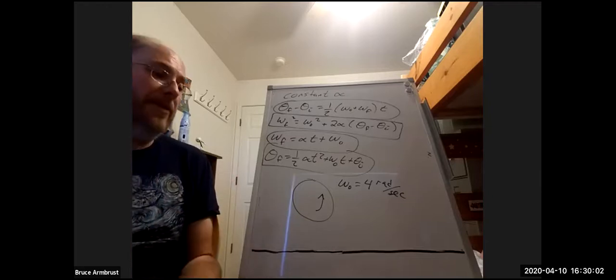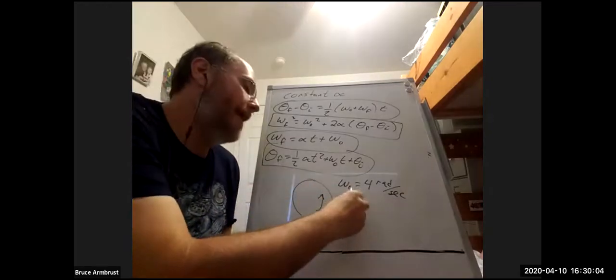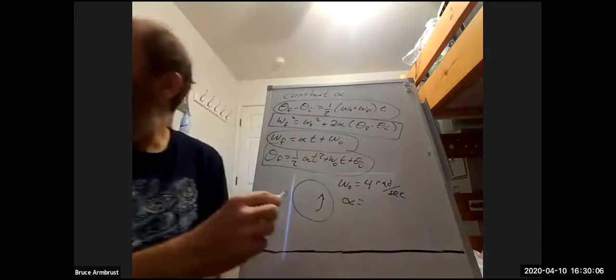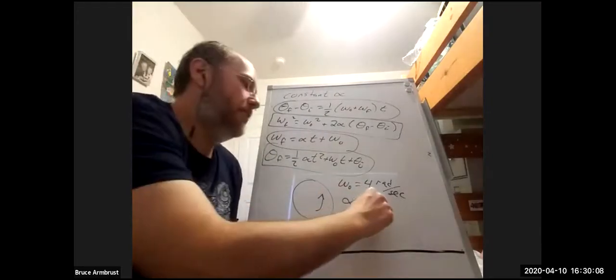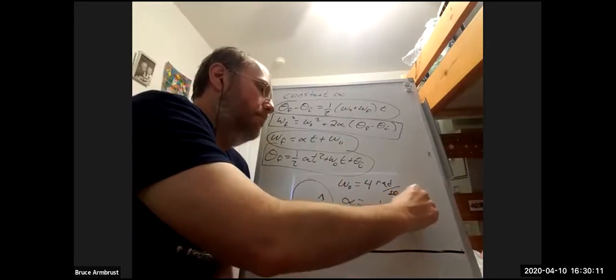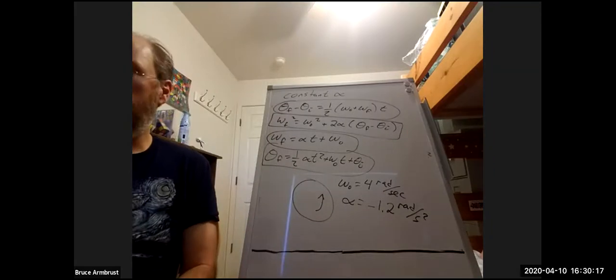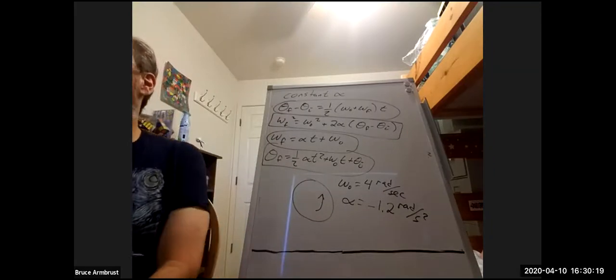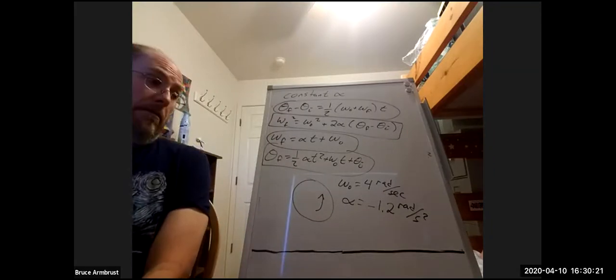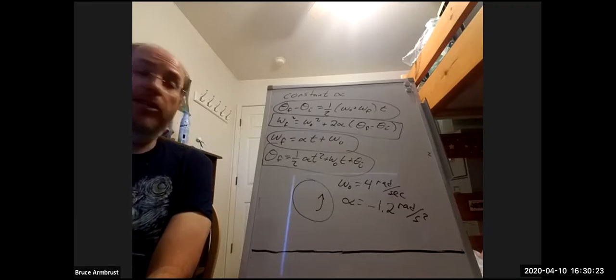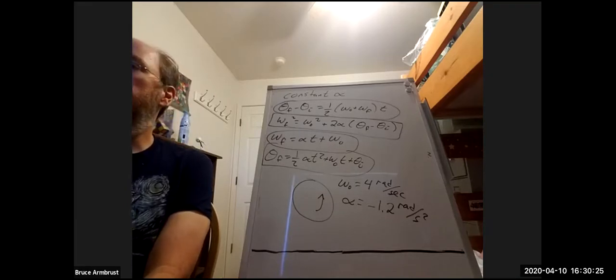All right, let's apply an acceleration on it. We're going to have an angular acceleration of negative 1.2 radians per second squared. So what does this mean? What's happening to the rotation?